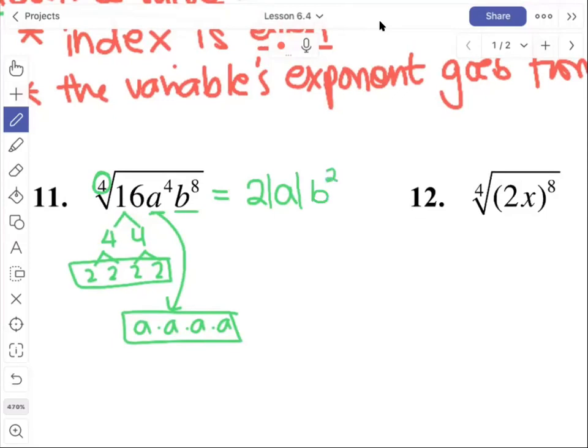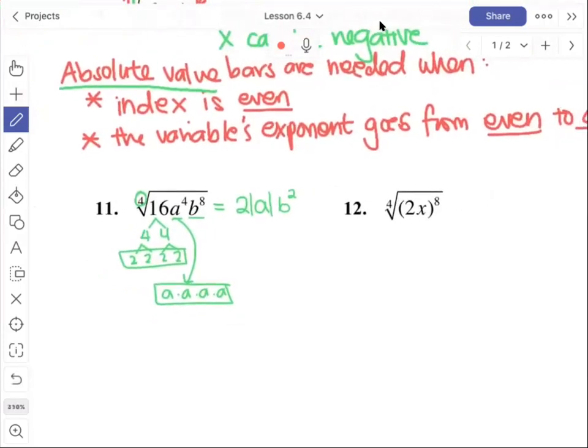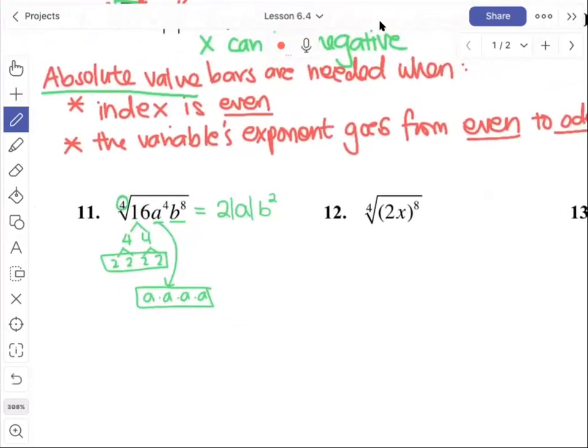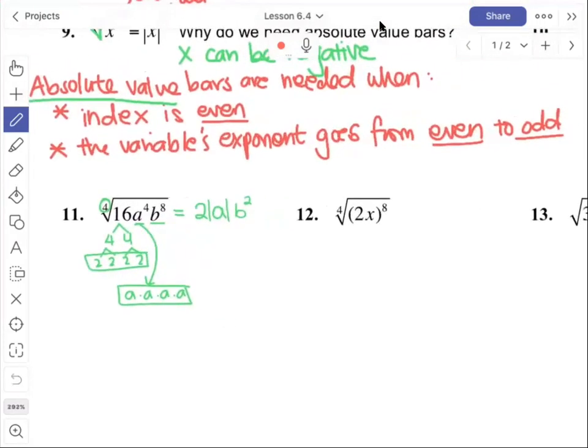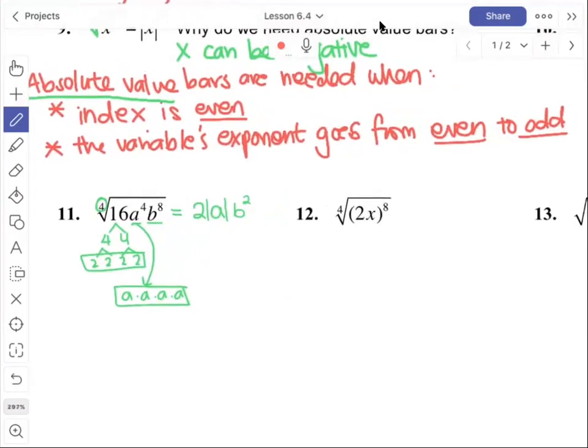Do we need absolute value around b squared? No. Good. Why? Because it's an even. Good. B squared is even. It went from even exponent to even exponent. So we do not need absolute value there. So this is your final answer. Great job, Timothy. Nice. All right. Okay. Got it, Maddie. Thank you.